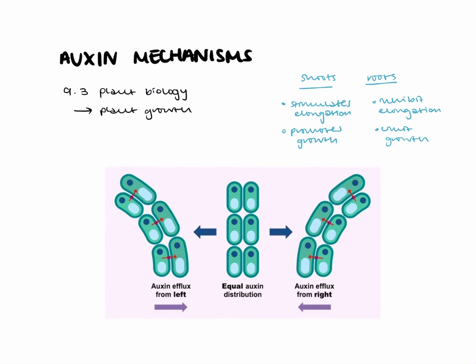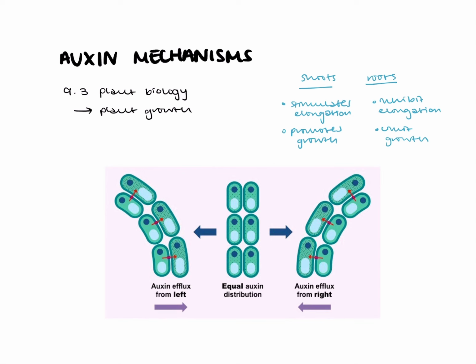In the diagrams in the left and right, you can see, for example, on the left, the light source is coming from the left, which causes the auxin to move to the shaded side of the plant, so this area here, and therefore will promote the elongation of these cells along the shaded side, causing the plant to bend or elongate towards the light source.